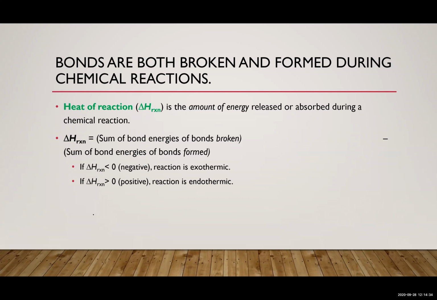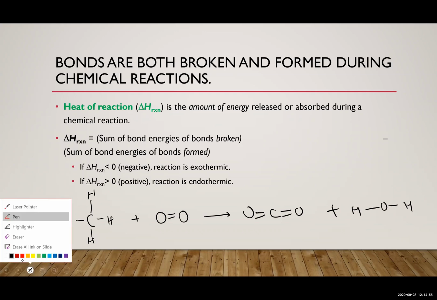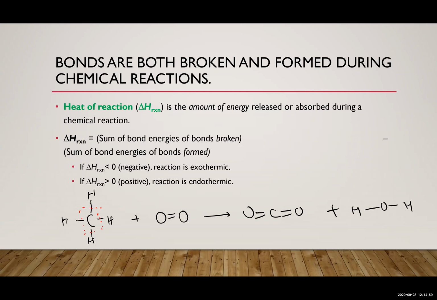Let's go back to the same methane reaction. In methane, there are 4 hydrogens, and then we have oxygen, and then we get carbon dioxide plus water. So in this reaction, first we need to break the bonds.